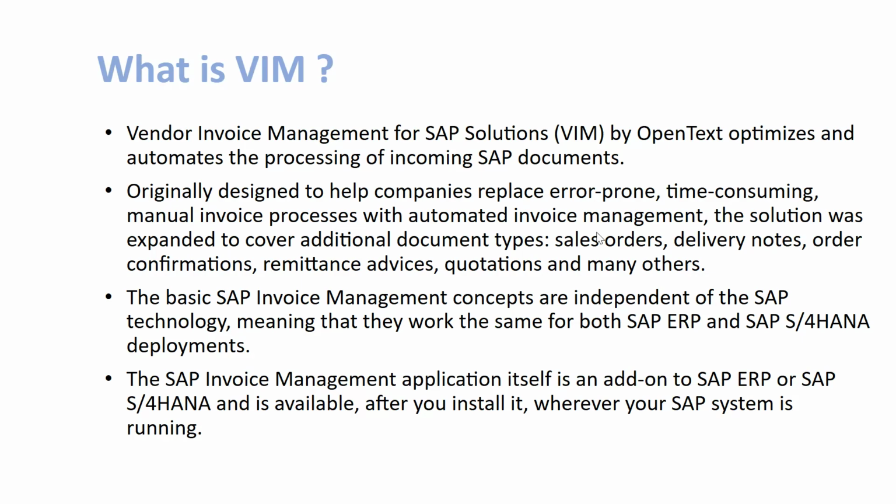Whatever invoices are being sent by the vendor can be sent through various channels. So VIM provides the flexibility to accommodate those invoices via various channels. So basically, we process the incoming documents and post them into the SAP itself. Okay, so this is basically the functionality of VIM.